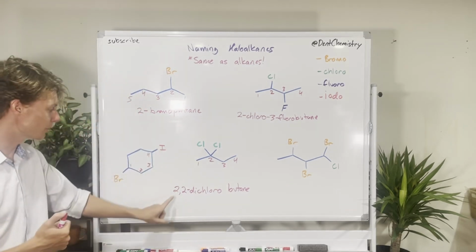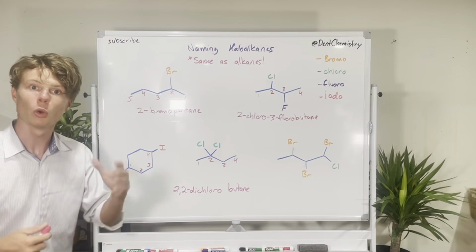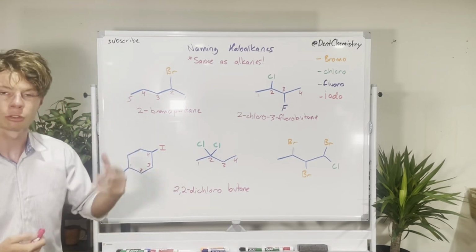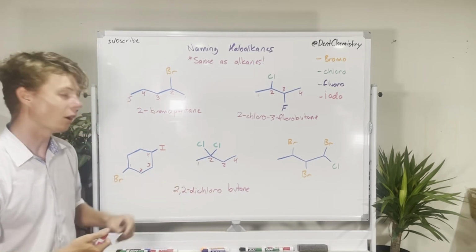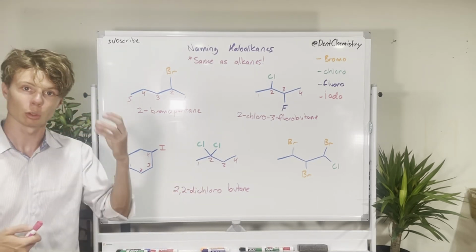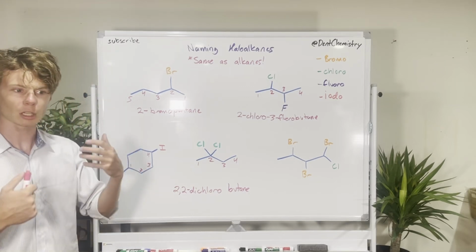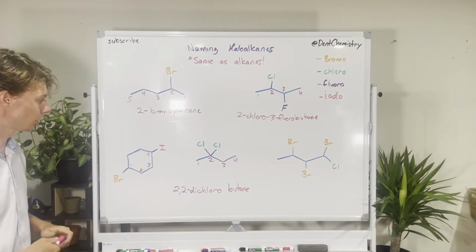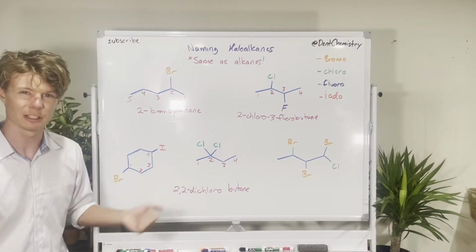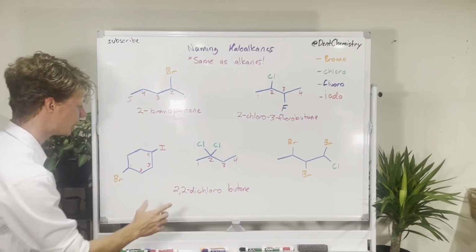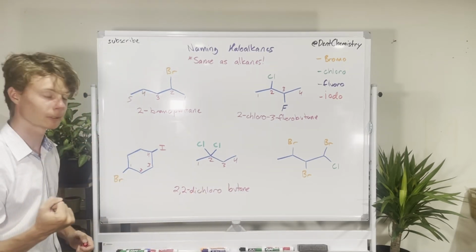They are located on carbon number 2 and also on carbon number 2. So we need to be familiar with di, tri, and tetra if we have multiple substituents on a single carbon. Very rarely will you see tetra. You're mostly going to deal with di and tri. So be careful of that, because 2,2-chlorobutane would be wrong.